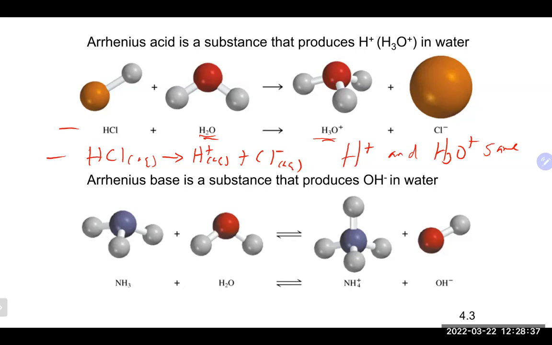A very good thing to keep in mind as we go through this chapter and do calculations with acid and bases is sometimes you need to make a decision of, is it going to be an acid? Is it going to be a base? Or should I use an acid value to do the calculation or a base value to do the calculation? Writing the equations correctly will help you decide that, because pretty much if you see on the product side some H plus or H3O plus, you're probably dealing with some type of acid situation and should be using acid values.